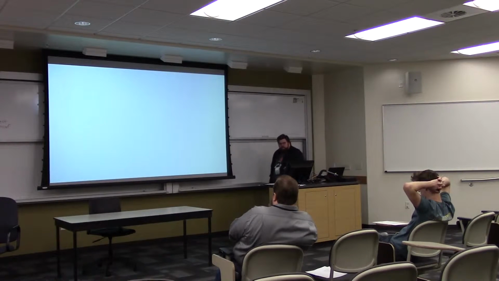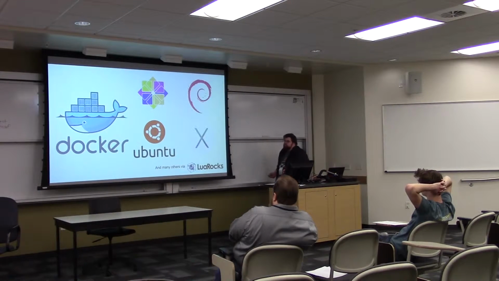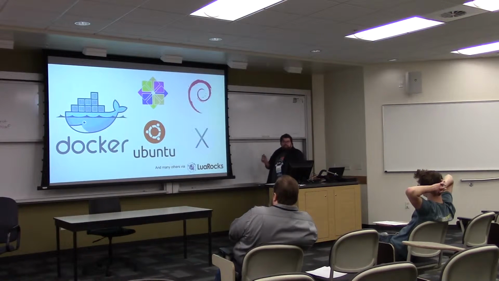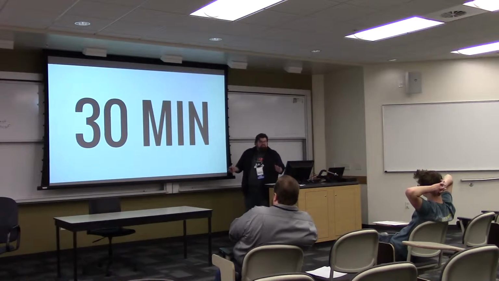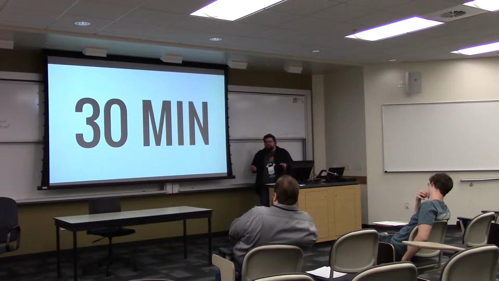One of the great things about Kong is the fact that it can be installed on any of these systems: Docker, Ubuntu, Debian, as well as Mac OS X, and pretty much any other Unix-based system through the LuaRocks management system. And it can be set up in roughly 30 minutes or less, most often less.